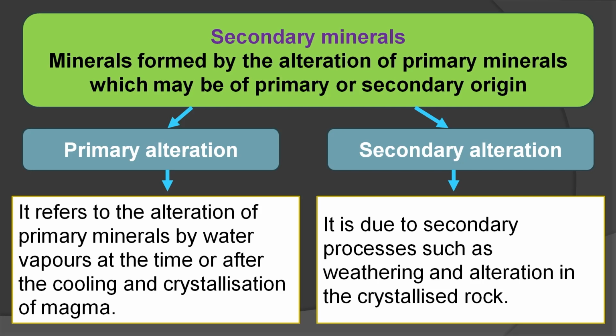And secondary alteration is that process which arises out of weathering and alteration of the already crystallized rock. Common examples are feldspar altering to sericite, and biotite altering to chlorite. These are the secondary minerals which we generally tend to see.